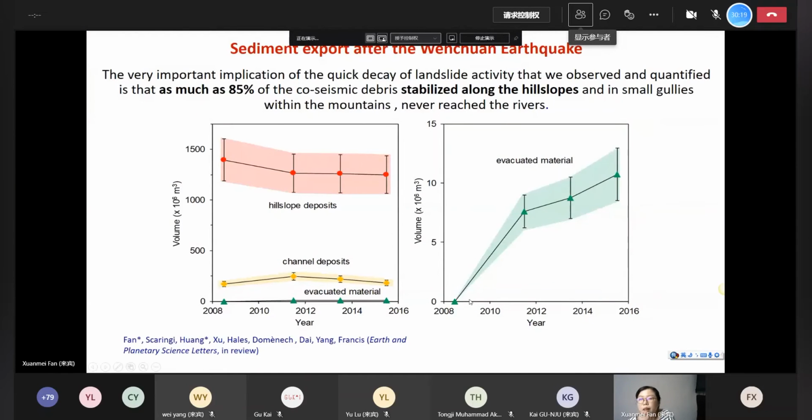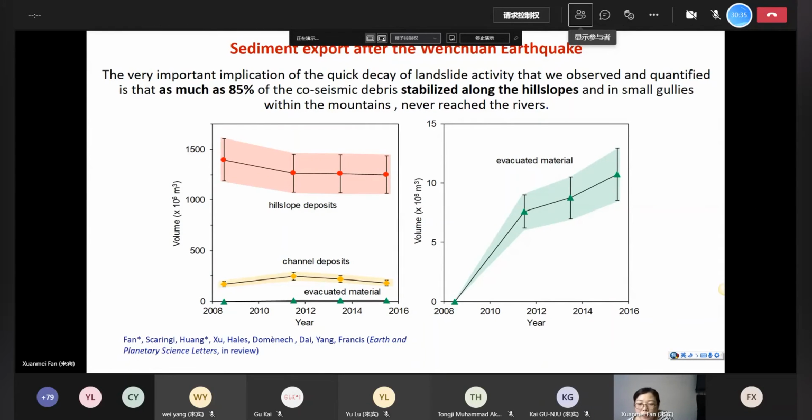And one of the reasons is, if we do a sediment budget analysis, we found that more than 80%, 85% of the co-seismic landslide deposits are still in the mountain regions.